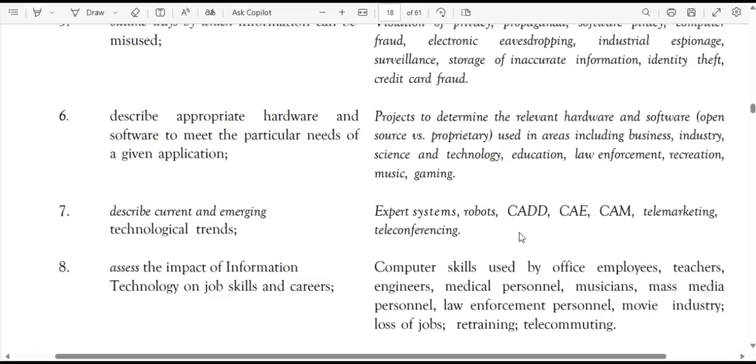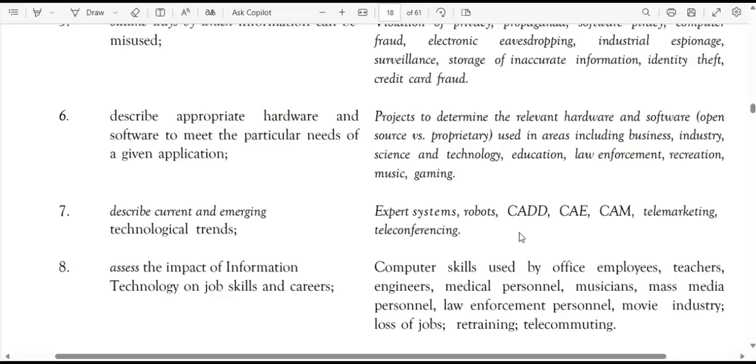How many of you are using AI on your phones and your computers and all that? It's a new and emerging current technological trend. It provides reasoning and explanations and supports human decision making.